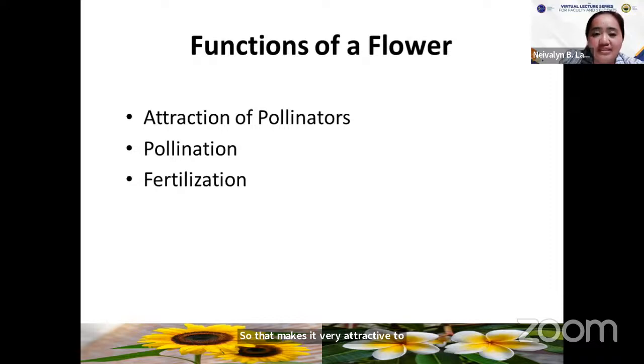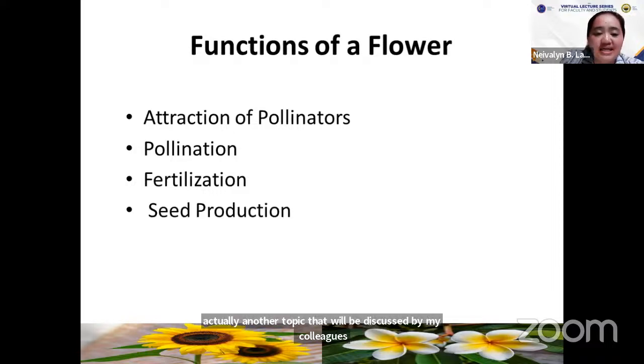Another one, the flower plays a function in the process of pollination, which is one of your topics later in this online lecture. And of course, fertilization, that would go together, pollination and double fertilization. That's another topic that will be discussed by my colleagues next Monday.